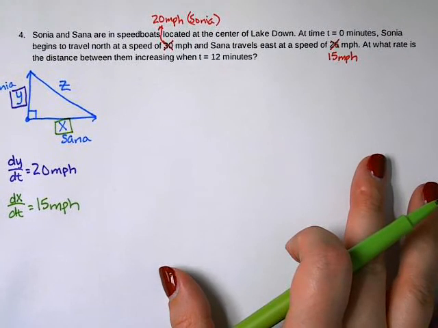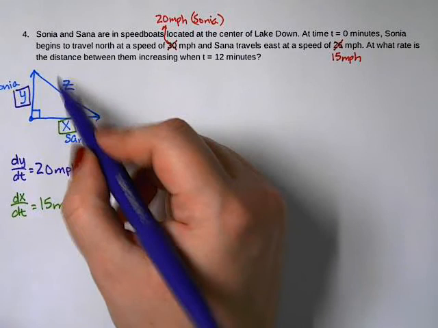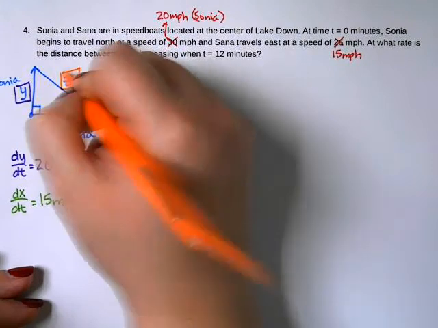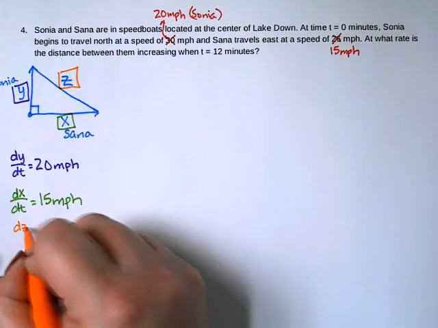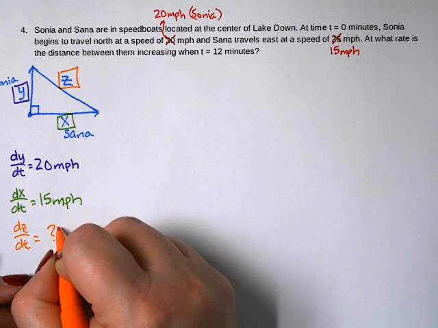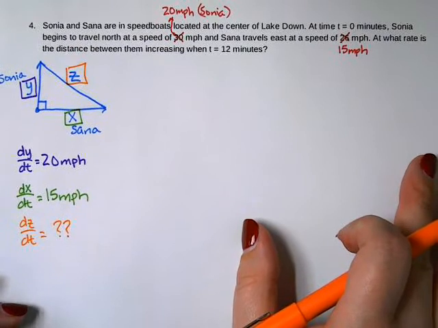Okay, what else? We're looking for dz/dt, so we're looking for the rate at which this is changing. So dz/dt, which is the distance between them, is the rate that the distance between them is changing, that's what we're actually looking for.